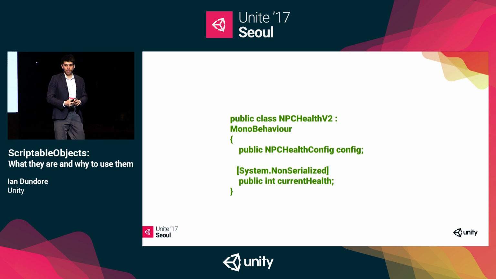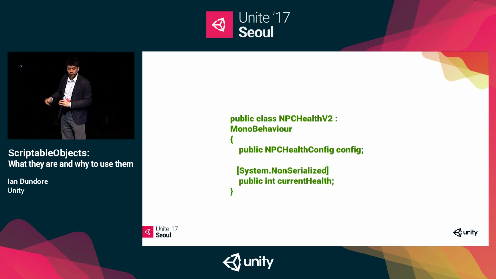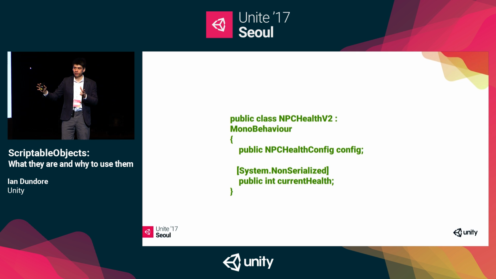So as you can see, I have removed all the maximum health and AI-related information from my MonoBehaviour, and I have left only the non-serialized current health field. Generally, we want that to be specific to every individual NPC. The rest of the information I've placed into this NPC health config object.